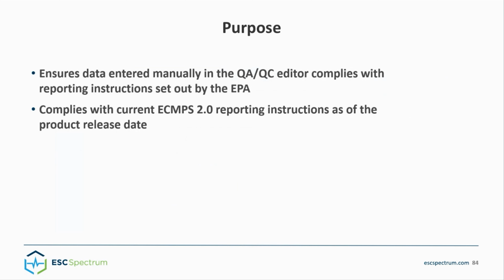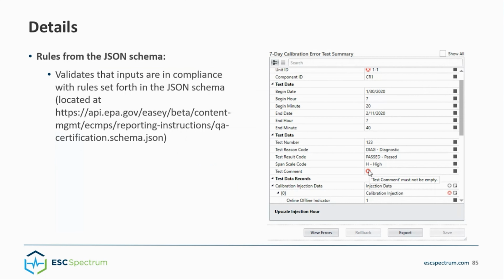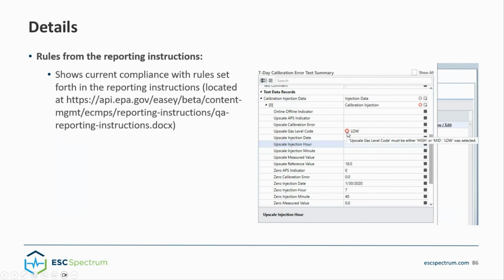This includes rules from the JSON schema, which this is an example of, and rules from the reporting instructions, such as this.